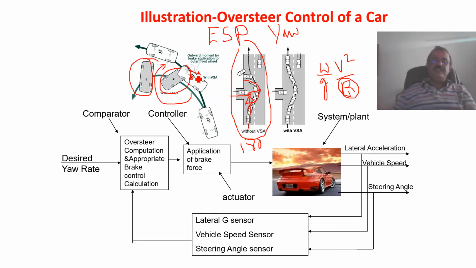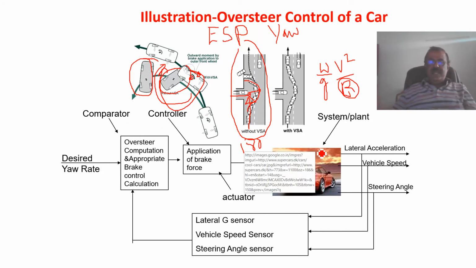Force into this radius will give you moment, and this brake force may create a counterclockwise moment. And it should be just equal and opposite to that, so that it can keep the vehicle on track. That's what exactly we do. This is what you call as a yaw control or oversteer control of a car.